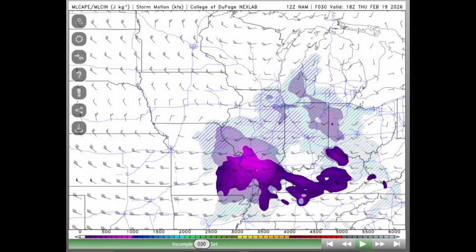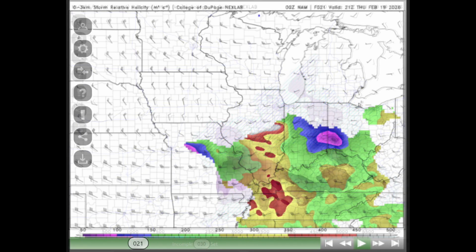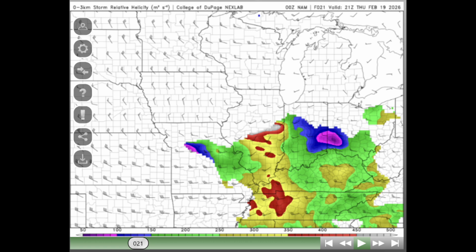Let's take a look at mean layer CAPE. Now here's the rub of this setup. In the risk zone, we see CAPE values around 1,000 joules per kilogram or less. This is pretty weak instability. However, if we look at the 0 to 3 kilometer storm relative helicity, there's a large pocket of values higher than 300 meters squared per second squared, and even some reds here, which indicate SRH values higher than 400.